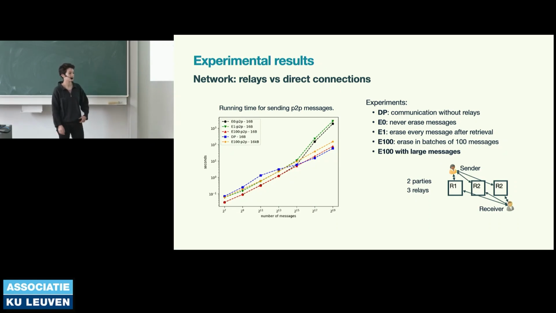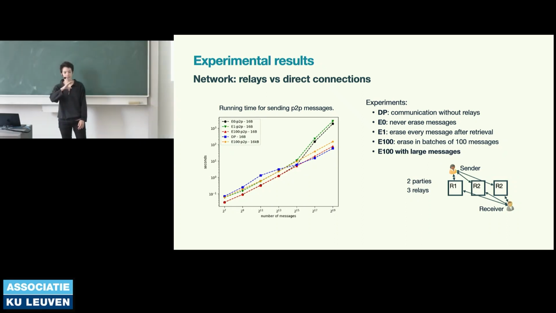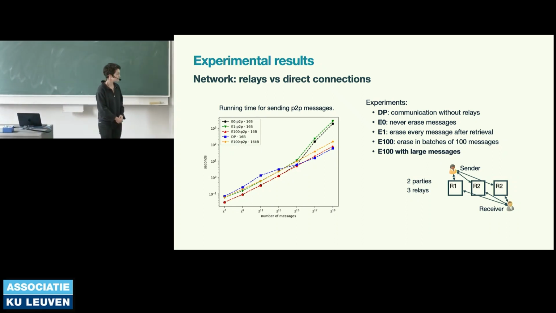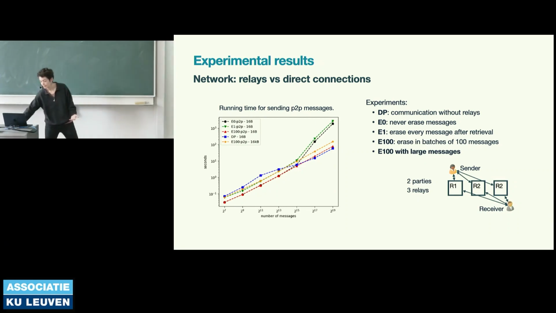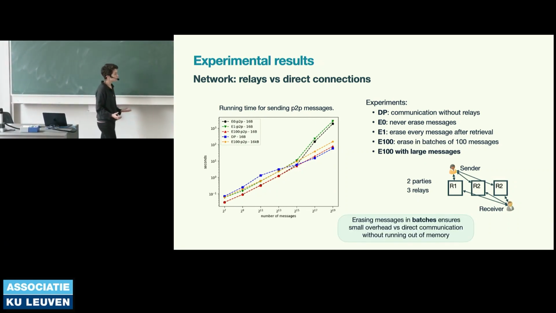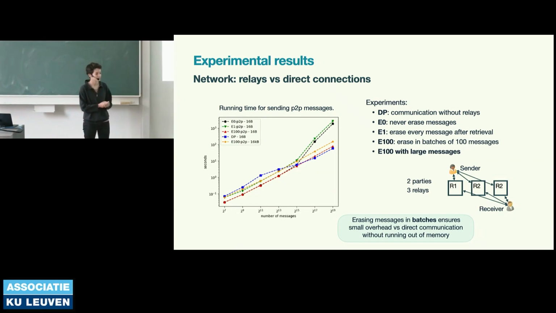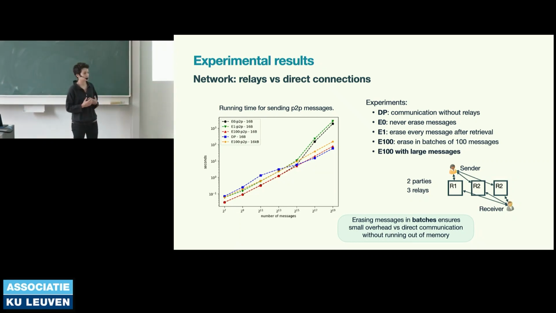This is because we are either constantly requesting the relay to erase messages, or if we never erase, then the relay will take more time to find our message in the storage. So the ideal thing to do if we want running time similar to direct communication is to just erase messages in batches.